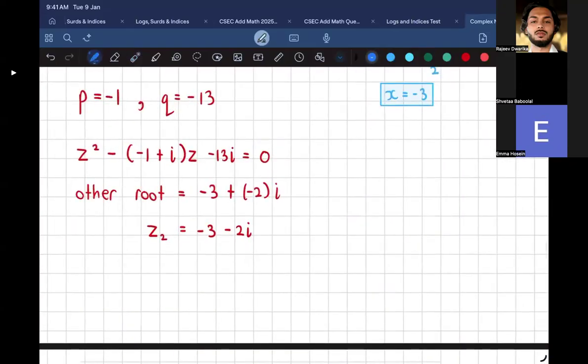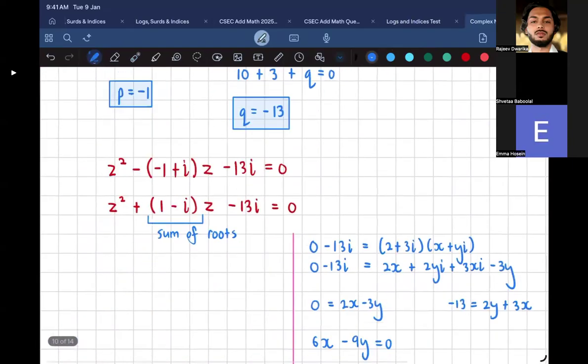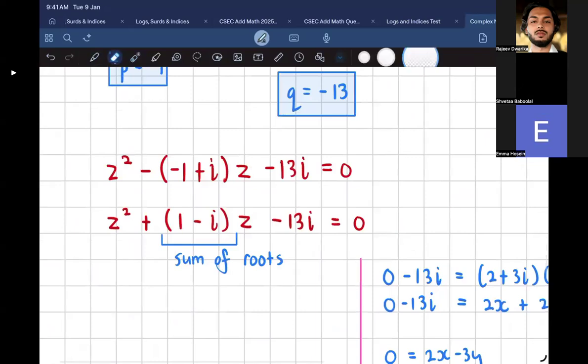Wait, watch this, guys. If we want to do that, the quadratic in the sum and product form is z squared minus the sum plus the product. So why am I going to turn this to a positive on the outside? I don't know if you see what I'm talking about.